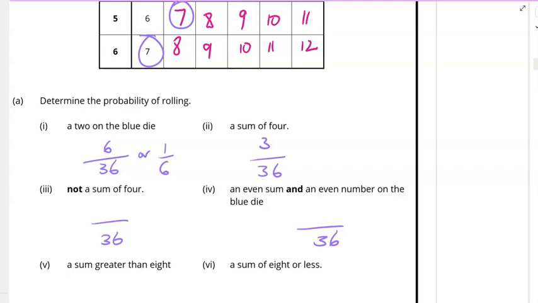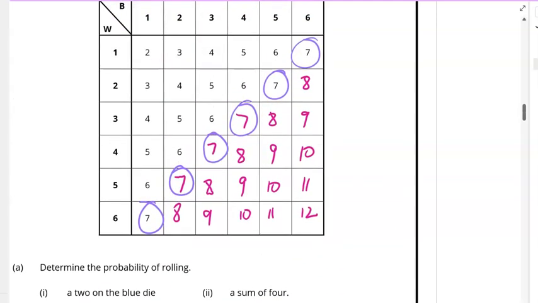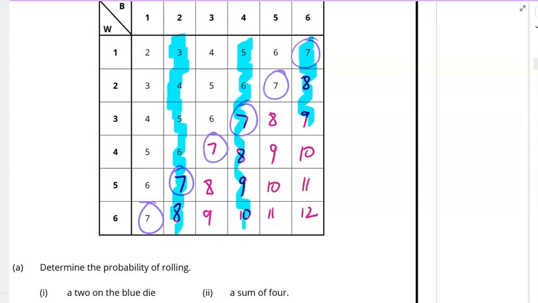So if a sum of 4 is 3 on 36, what is not a sum of 4? You don't want to go counting all the ones that aren't a sum of 4. 33. Yeah, it's the complement. So remember, they add to 1. So 33 on 36. An even sum and an even number on the blue die. So here's your even numbers on the blue die, that one, and that one.